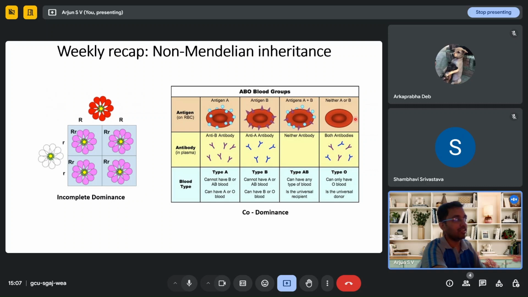Whereas O type blood doesn't have any sugar molecules on the RBCs, and when A or B crosses with O, it gives rise to A or B in return. So these are the examples that we saw over the past few weeks, and that's all for the recap for this session.